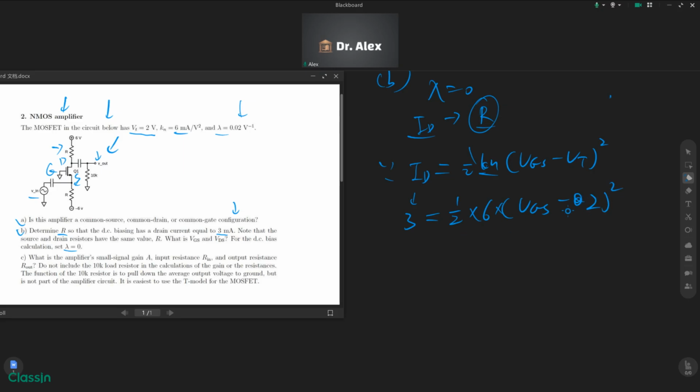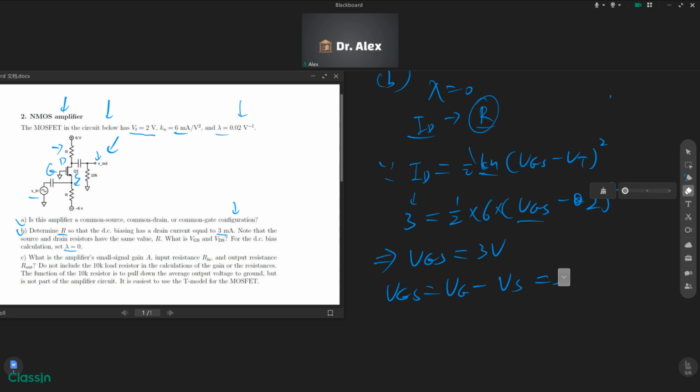By this equation, there's one single equation and one unknown variable, so we can easily solve VGS as 3 volts. So VGS is 3 volts. VGS equals VG, the potential at the gate, minus the potential at the source.